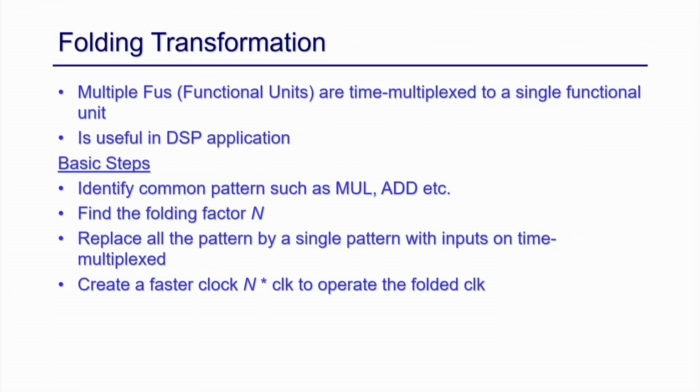Okay. This folding transformation is usually applied to complex operations like multipliers, and it is basically time multiplexing, right? The inputs are time multiplexed, and it is useful for DSP applications, where you try to use the maximum DSP. DSP in the sense of a specific component in an FPGA which can do multiplication very fast, and it also has an adder and accumulation option, pre-adder as well as accumulation.